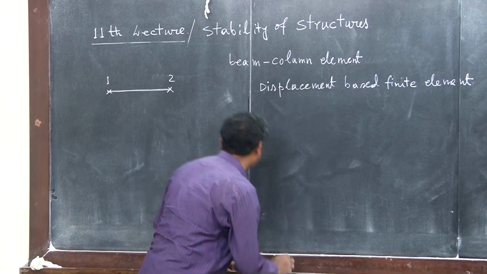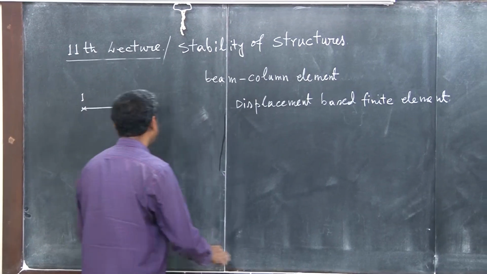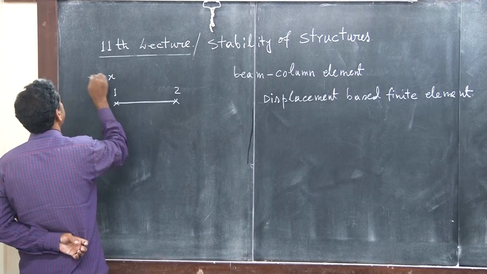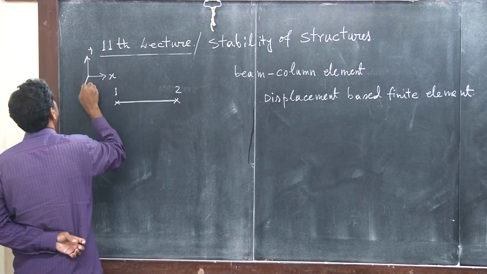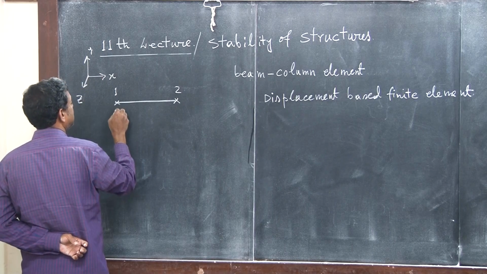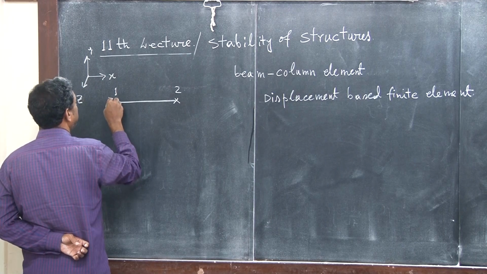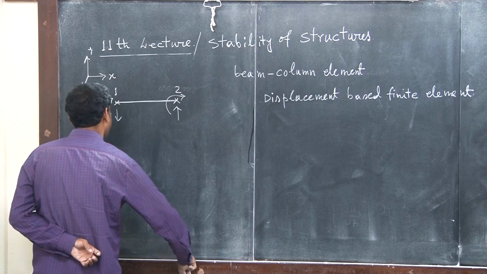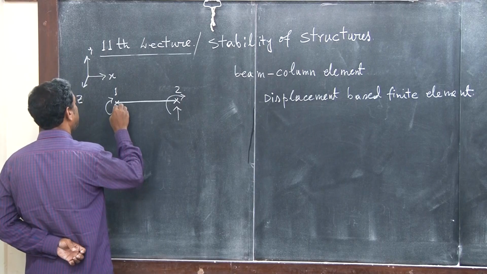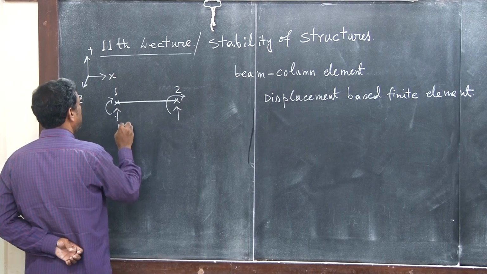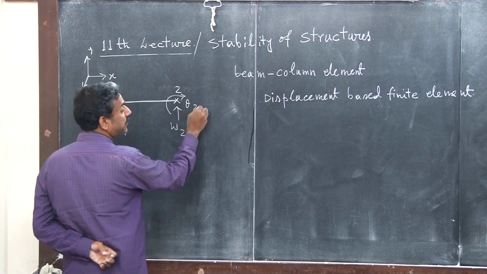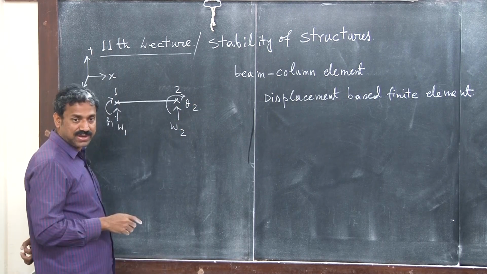So, if displacement, then what are the degrees of freedom? The degrees of freedom, of course, here are vertical deflection and then rotation, deflection and then rotation, right? Okay. So, W1 theta 1, W2 theta 2, right? Two deflections and two rotations, right?